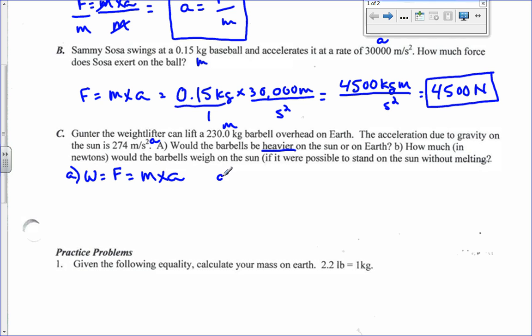Acceleration on the sun, that's A with a subscript of sun, is equal to 274 meters per second squared, which is greater than acceleration due to gravity on the Earth, which is what? 9.8 meters per second squared. So it's going to be heavier on the sun.